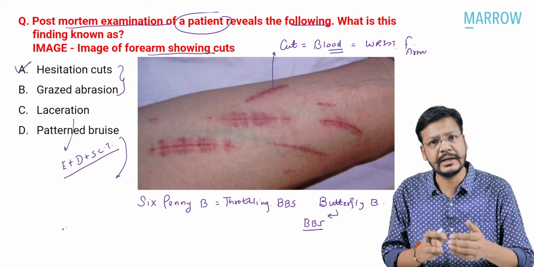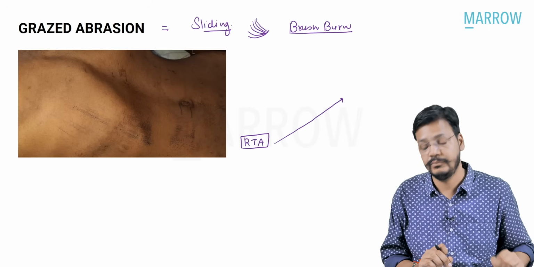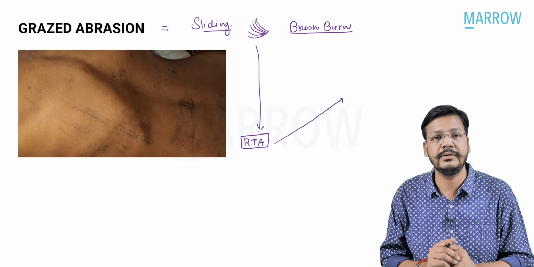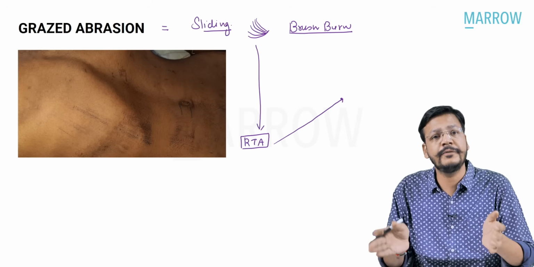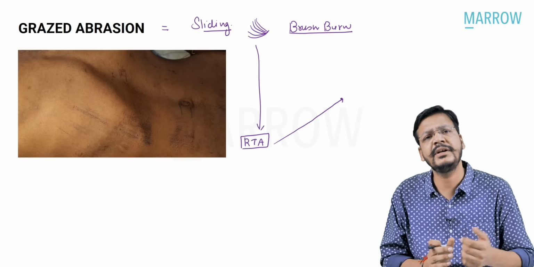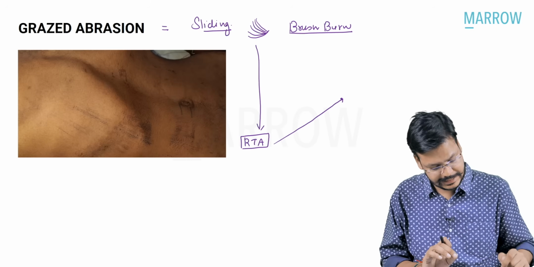You can easily rule out grazed abrasion caused by grazing, the brush burn, the most common abrasion of road traffic accidents. You can easily rule out laceration by heavy blunt force, splitting of epidermis, dermis and subcutaneous tissue, generally having irregular margin. And you can easily rule out the pattern bruise. The answer is hesitational cut.